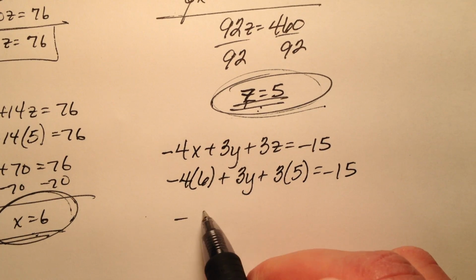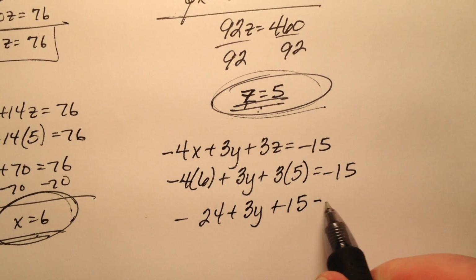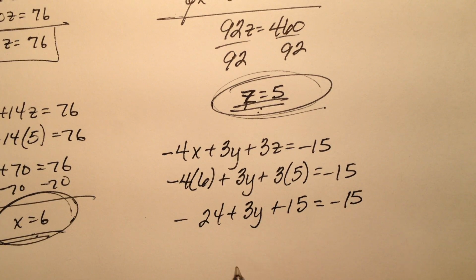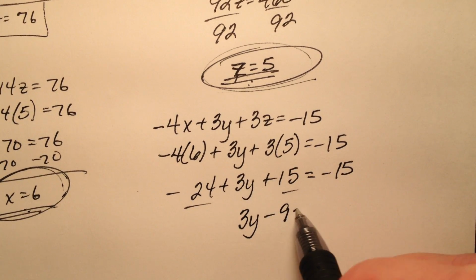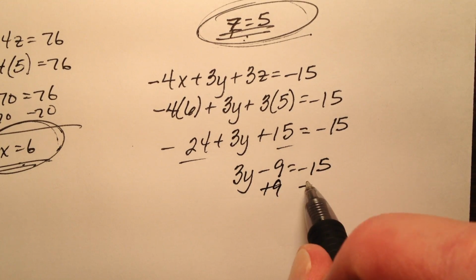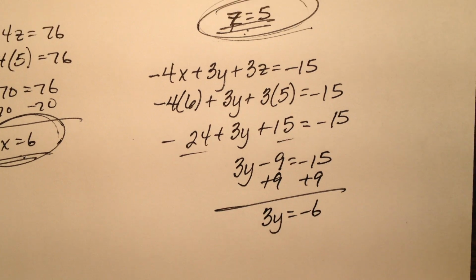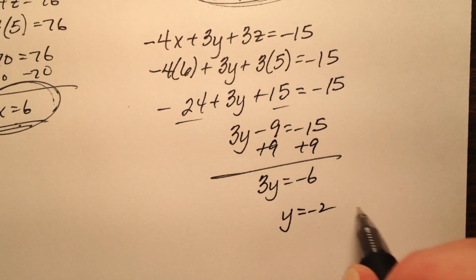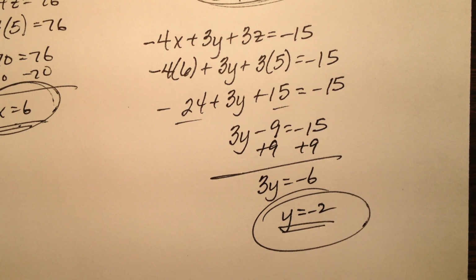Okay, so negative 24 plus 3y plus 15 equals negative 15. Which, when I combine those, 3y minus 9 equals negative 15. So adding 9 to both sides will result in 3y equals negative 6, and y will equal negative 2 when we finish solving for that.